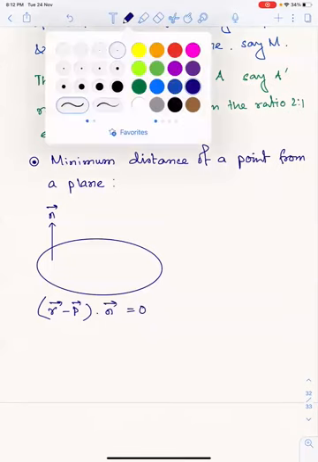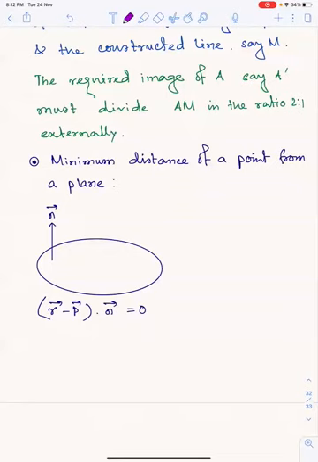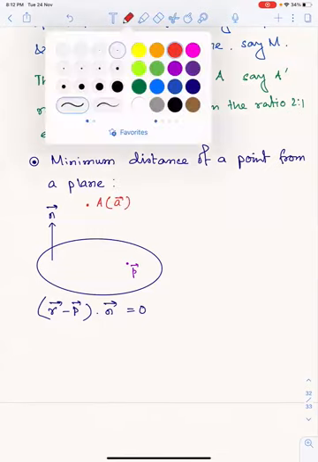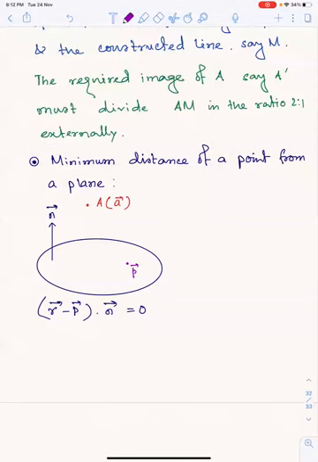So on the plane itself, I do have a reference point, say P, and our targeted point is some point A with position vector small a. And the reference point P, say for point capital P, the position vector is small p.